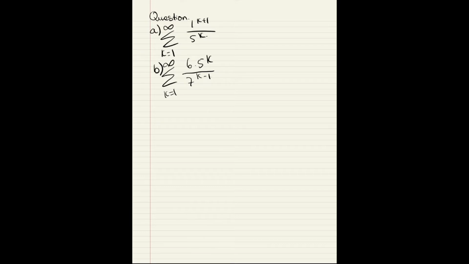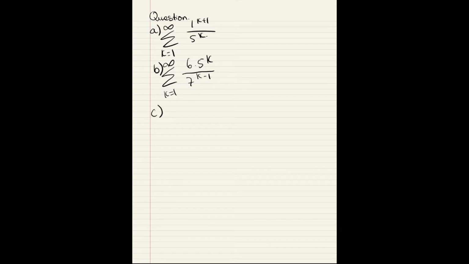So let's do some questions about geometric series. Question A. The series from k equals 1 to infinity of 1^k plus 1 over 5^k. Question B. The series from k equals 1 to infinity of 6 times 5^k over 7^(k minus 1).